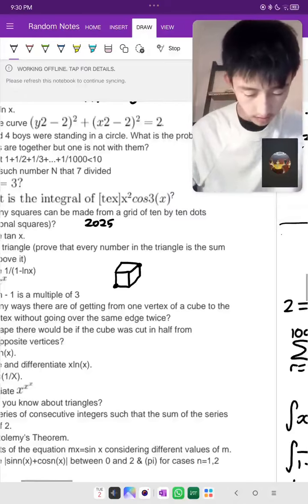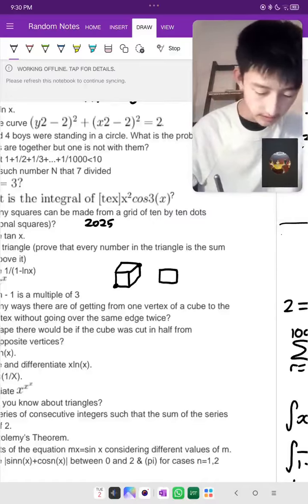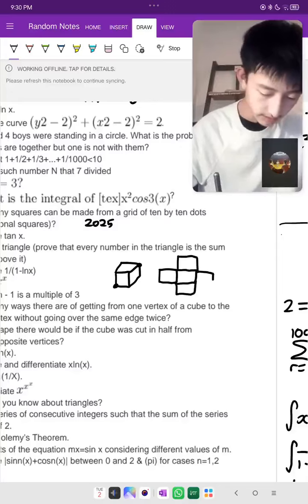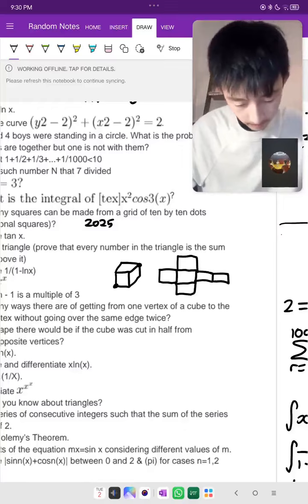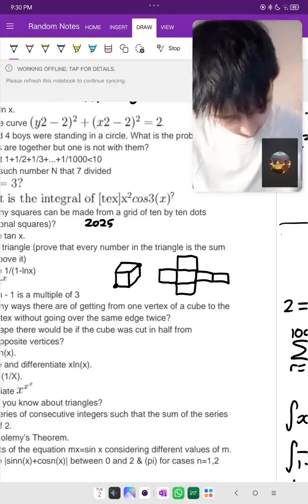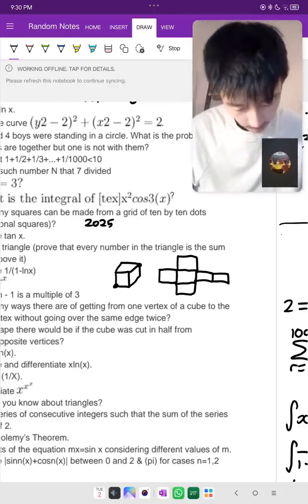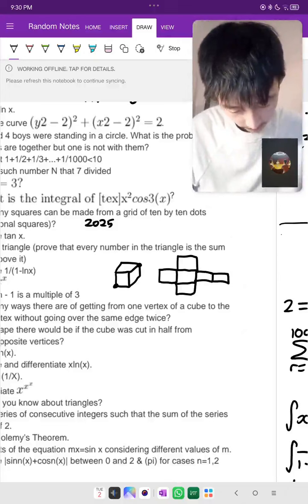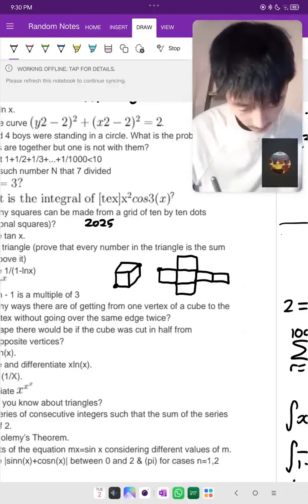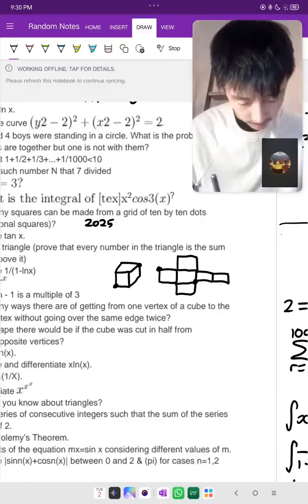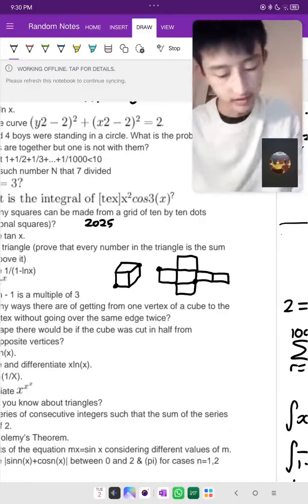I could consider this as a net, which would make this presumably easier to visualize. So if I try to imagine unfolding this, then this would go to that, for example, and there shouldn't be any loss of generality.